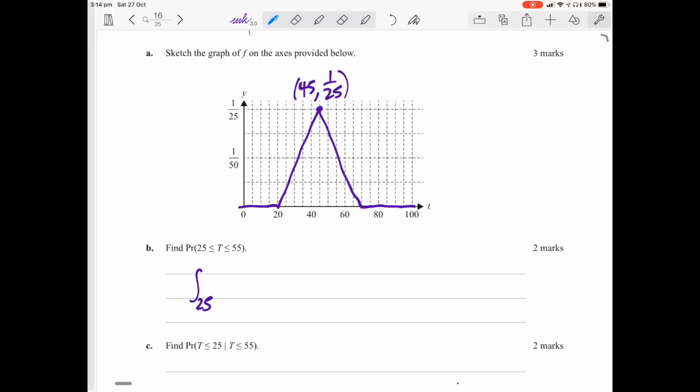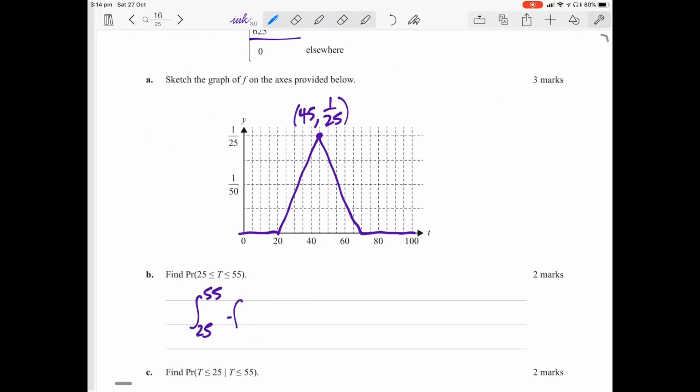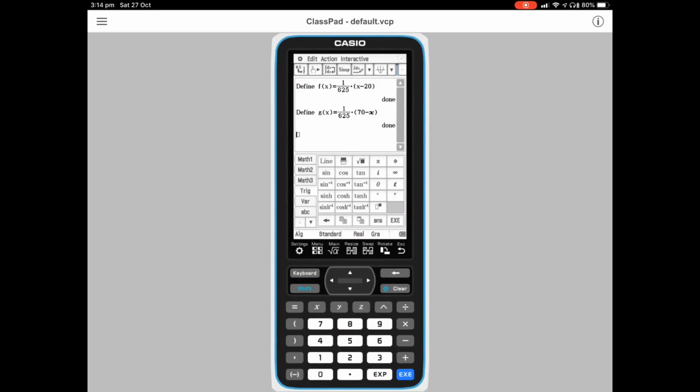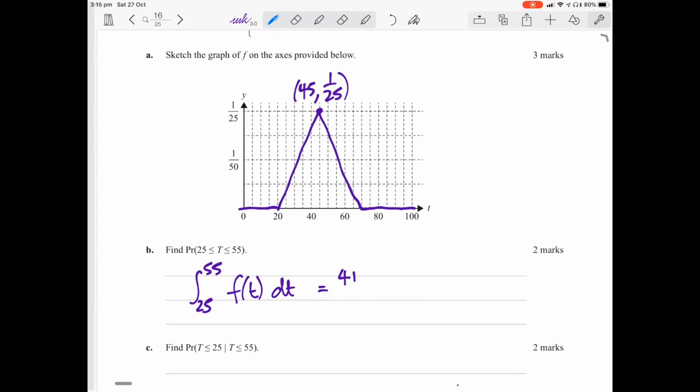So I'm just going to say the integral from 25 to 55 of f of t dt is equal to, now this function, because for some reason it stuffs up on these calculators, I'm going to go from 20 to 45 of f of x dx plus 45 to 55 of g of x dx, which is 41 on 50. So that's that area there.